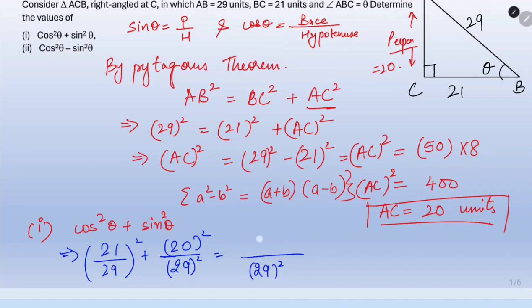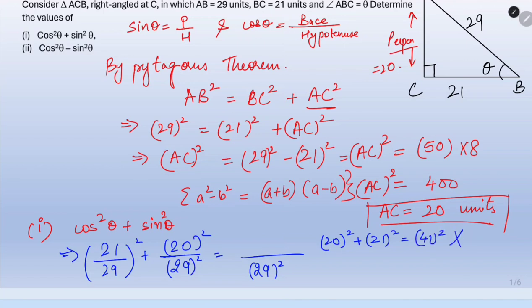21 plus 20 is 41 square, right? This will be wrong. Why not 41 square? You can't directly add. Never make this mistake of writing 20 square plus 21 square is equal to 41 square.